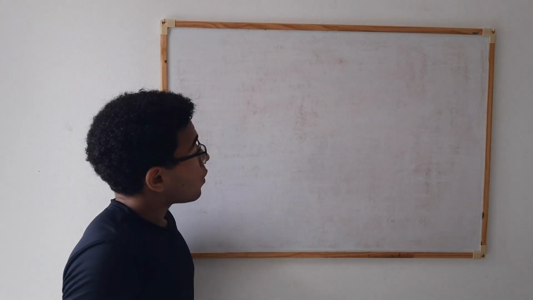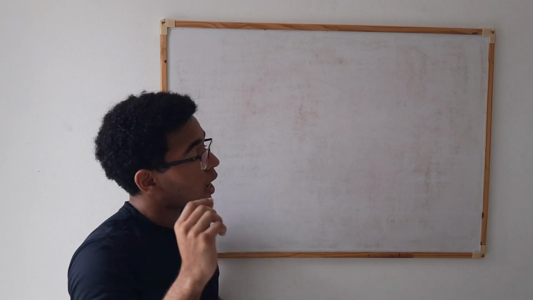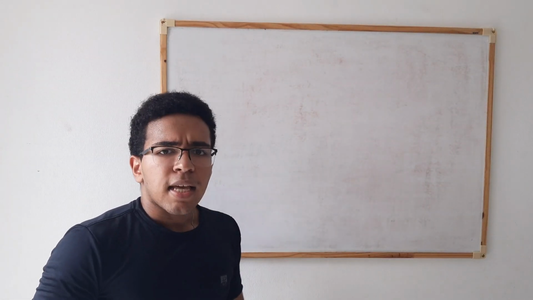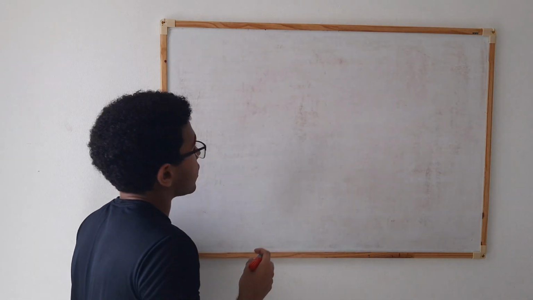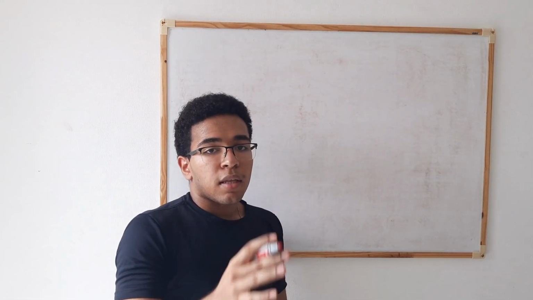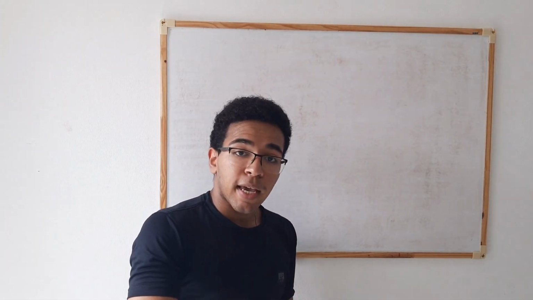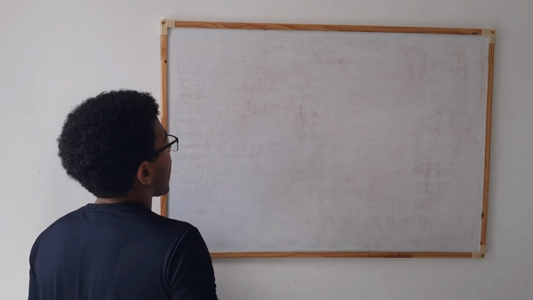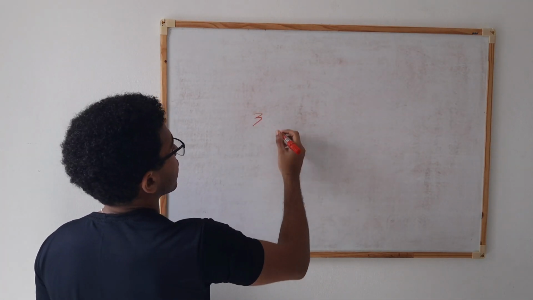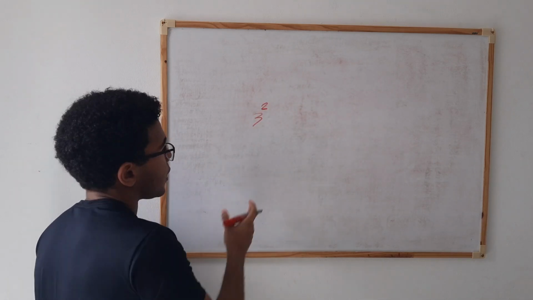Okay, now I've covered addition, multiplication, now exponentiation. This one is a little bit more complex, but it can also be understood. We're going to first understand exponentiation through multiplication and then through addition, right? So let's say that I have the number 3 to the power of 2, 3 squared.